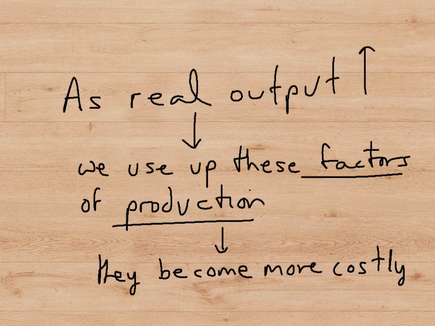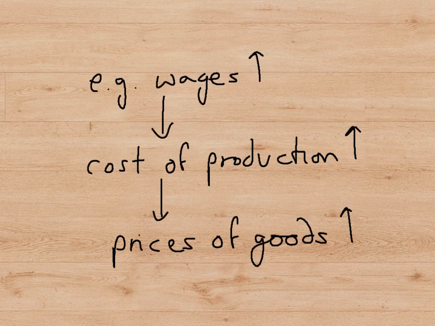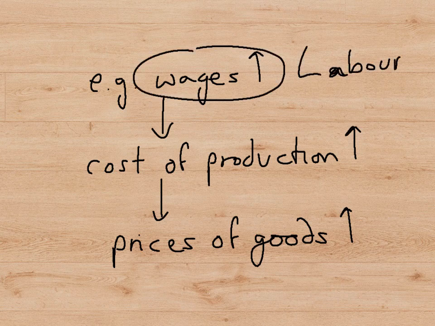So, as real output starts to increase in the short run, we use up these factors of production. And as we use them up, they become more costly because they become more scarce. For example, as we use up our labor, the workers realize that they are in short supply and they ask for higher wages.